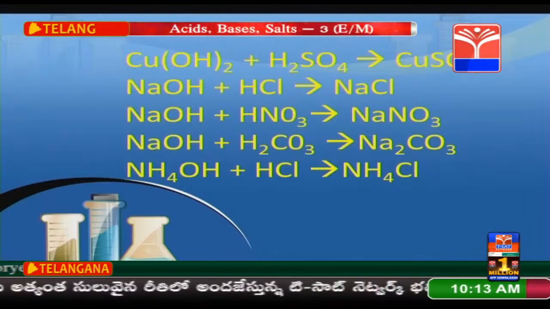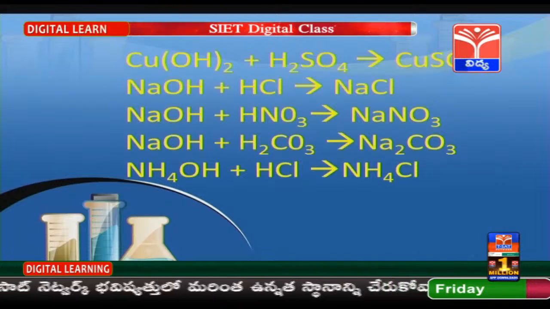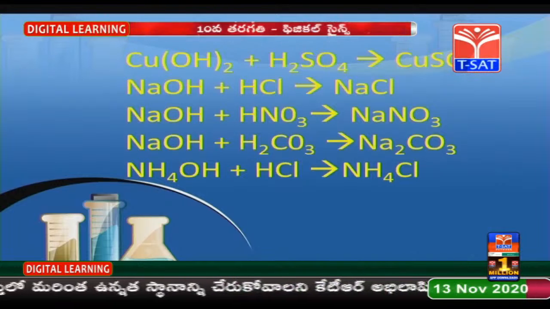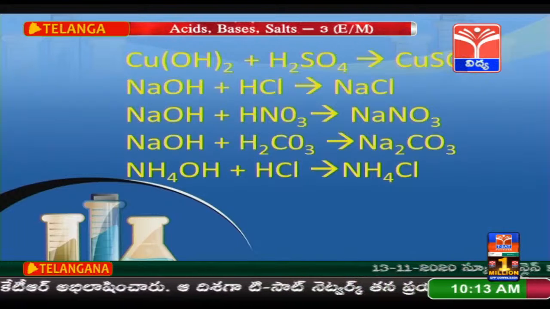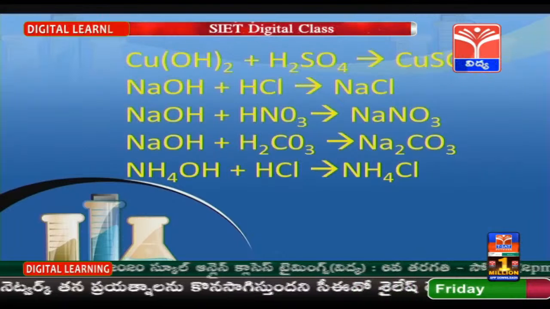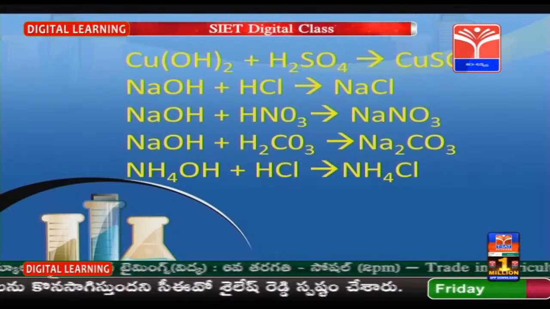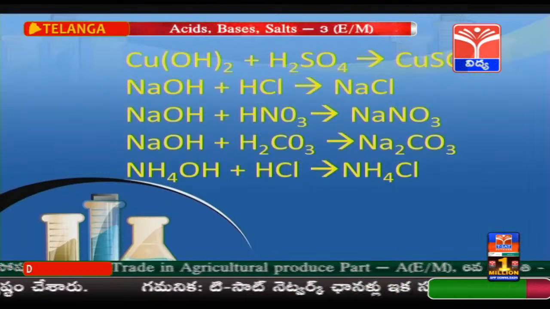NaNO3 is its formula. Now, NaOH is once again reacting with carbonic acid, H2CO3. Therefore, the salt formed is sodium carbonate. Yes children, it is nothing but washing soda. After some time, we will see the difference between washing soda and our formula.